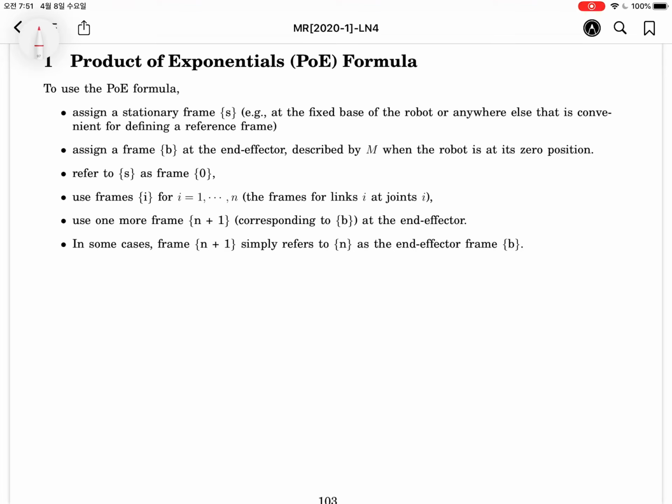Okay, let's go to section 4.1, the POE formula. In order to apply the POE formula, we will assign the base coordinate denoted by S, and then link, joint.